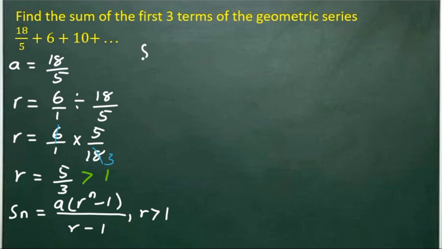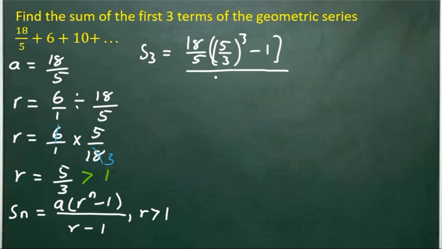So we are going to have S3 equals a is 18 over 5 into bracket, r is 5 over 3, all this to the exponent of 3, minus 1. This is being divided by 5 over 3 minus 1.